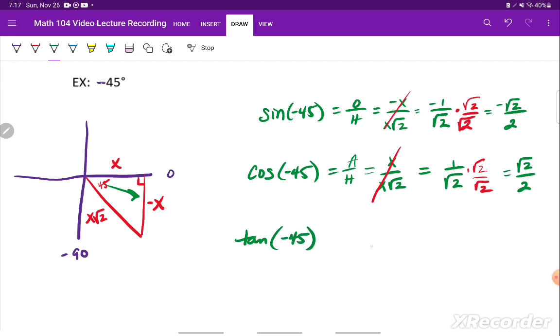Lastly, tangent of negative 45, that's our opposite side over our adjacent, negative x over x, simplifies down to negative 1.